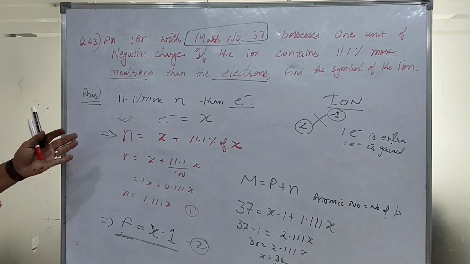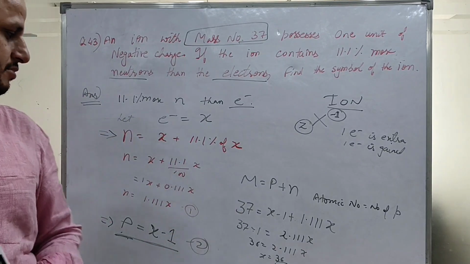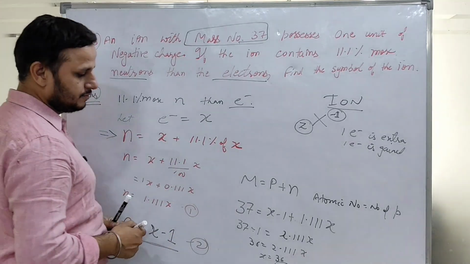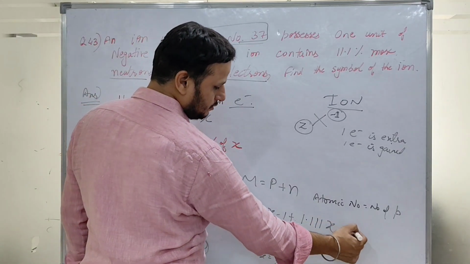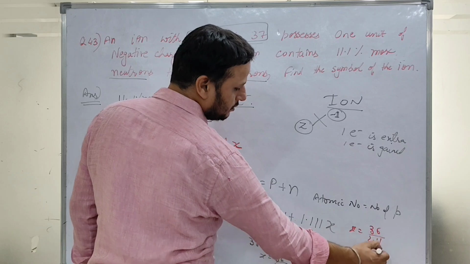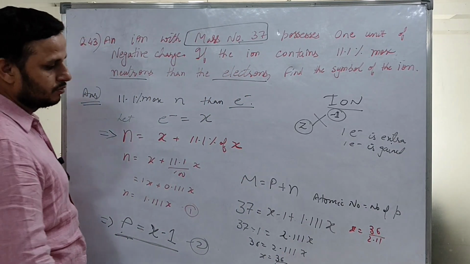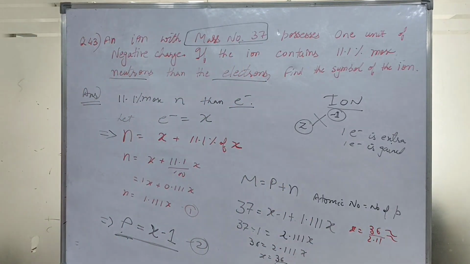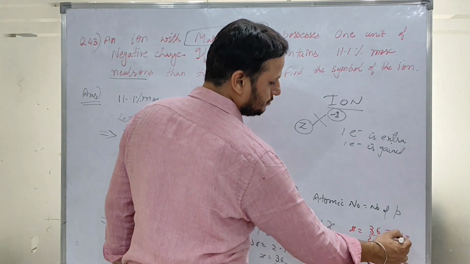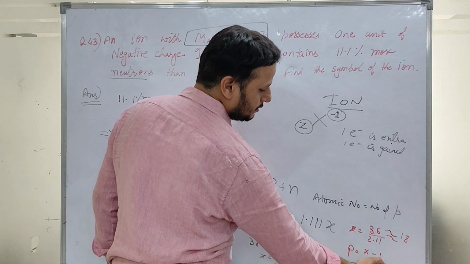So understand how we have solved this question. x is 36 divided by 2.11, so it will come approx 17 point something or approx 18. If this is 18, then protons is equal to x minus 1, it will be 17.